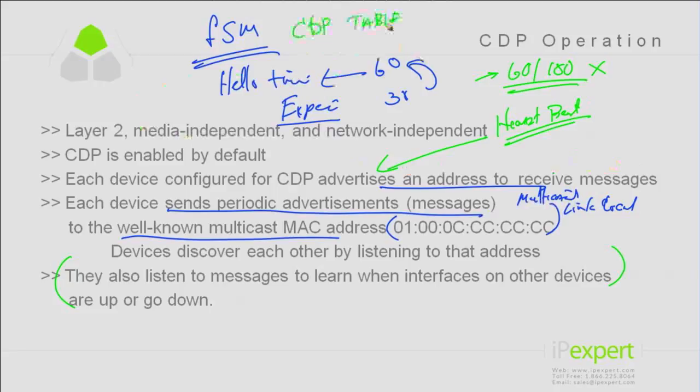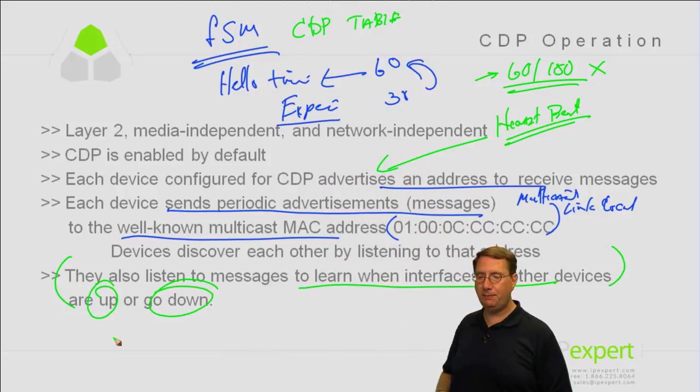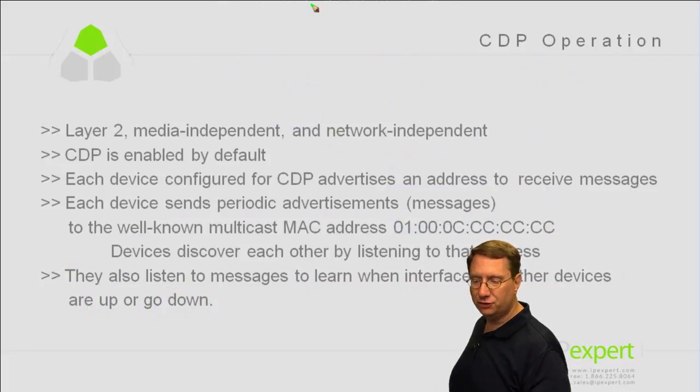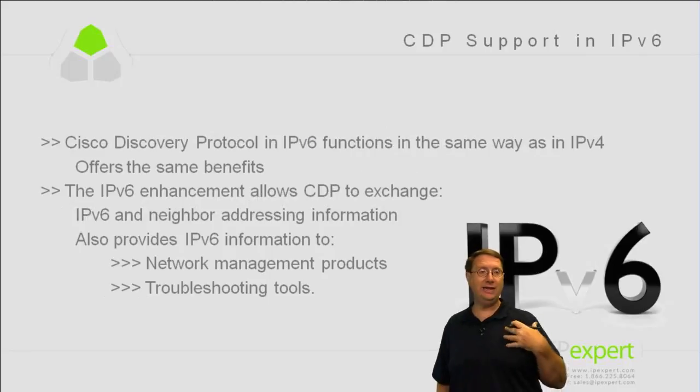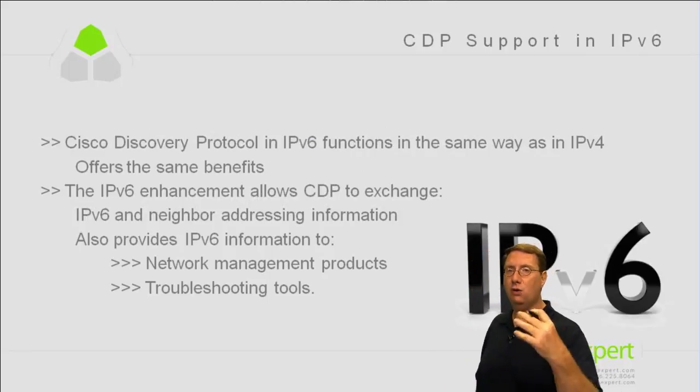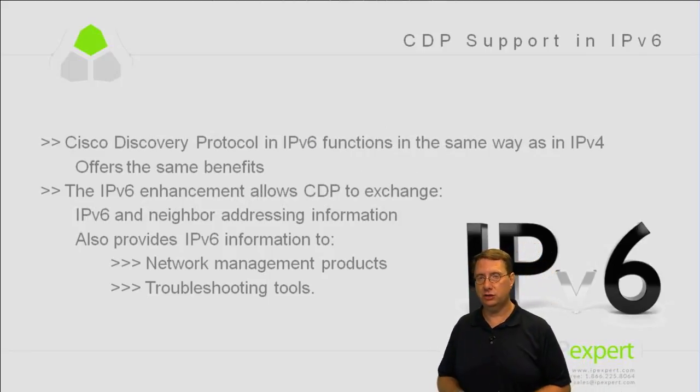And we do that for the sole and express purpose to learn when interfaces on other devices go up or when they go down. So again, keep in mind it's going to be CDP that's going to enable my infrastructure and my environment to better detect and allow me to recognize the fact that failures exist in my infrastructure.